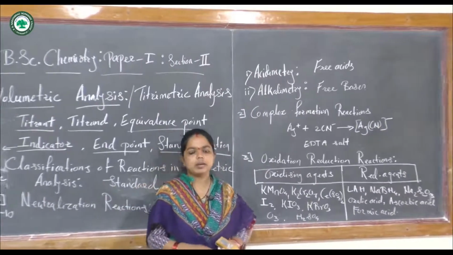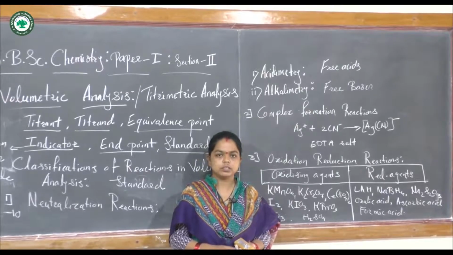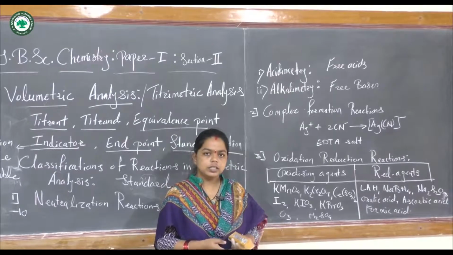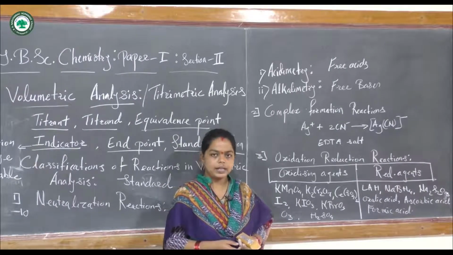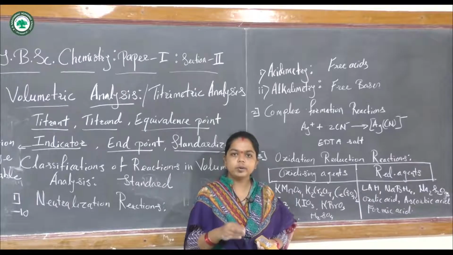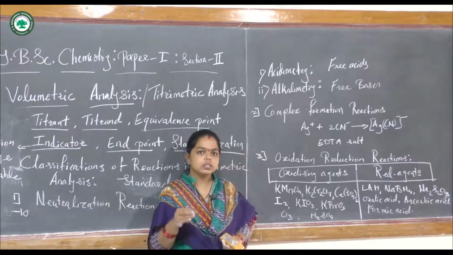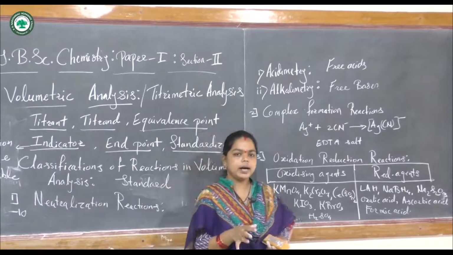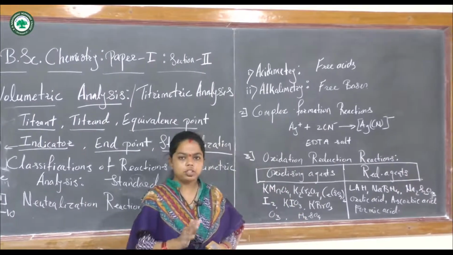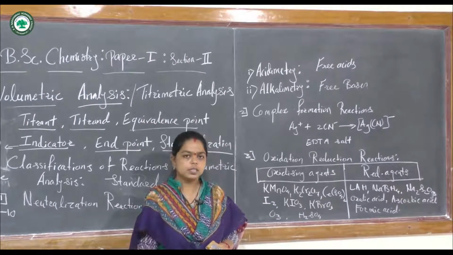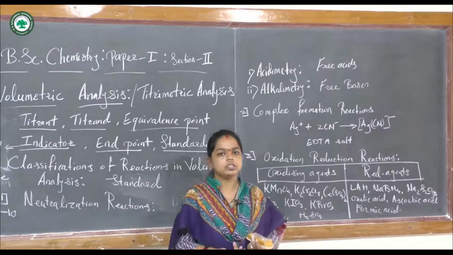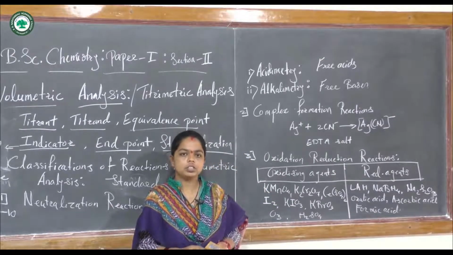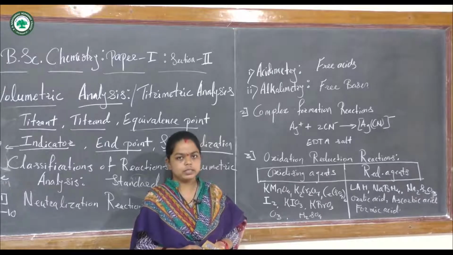In this type of titration, two solutions are titrated in which a complexing agent is added, and at a certain point of concentration in the given solution, a complex is formed, which is indicated by the complexing agent by a change in color, some physical change, or precipitation. So this type of titration is called complexometric titration.